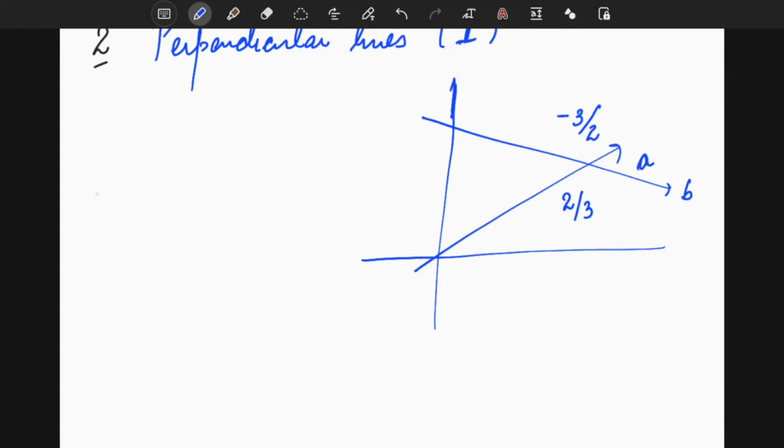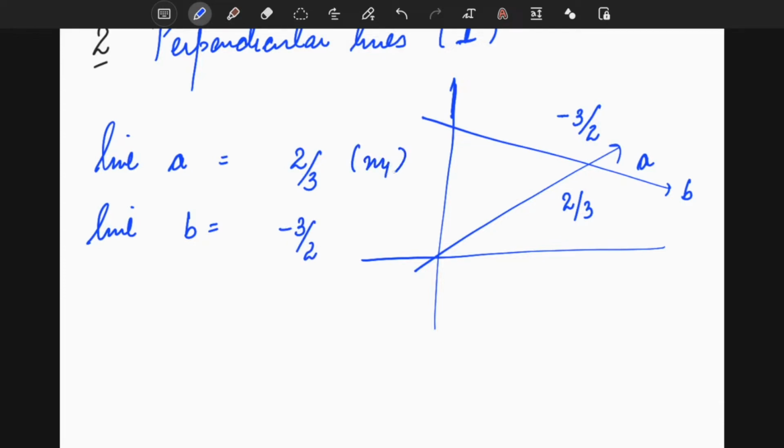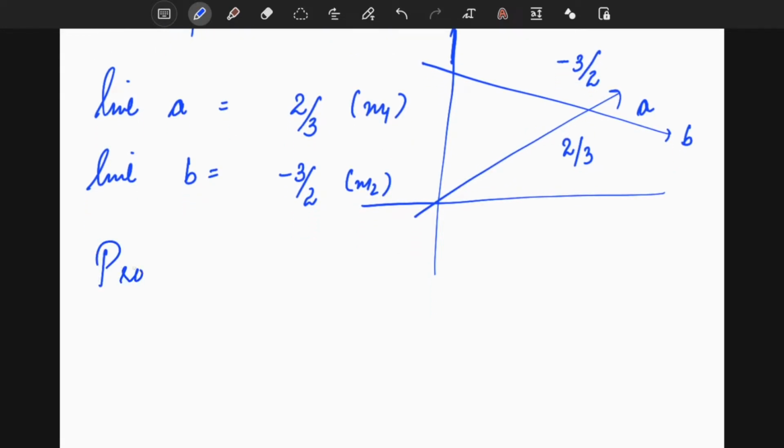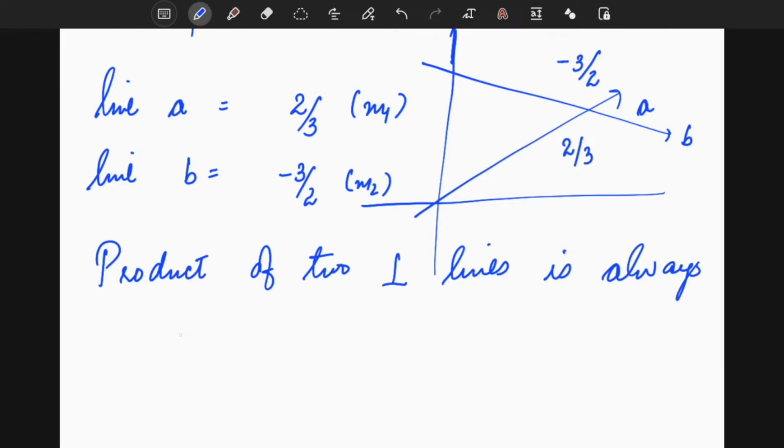In case of perpendicular, like for line A, our slope is 2 over 3. For line B, it's minus 3 over 2. Like this is M1, this is M2. Product of two perpendicular lines is always equal to minus 1.